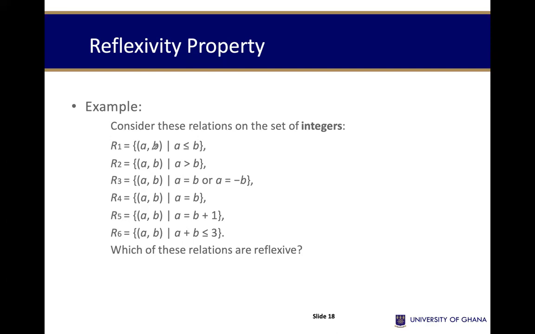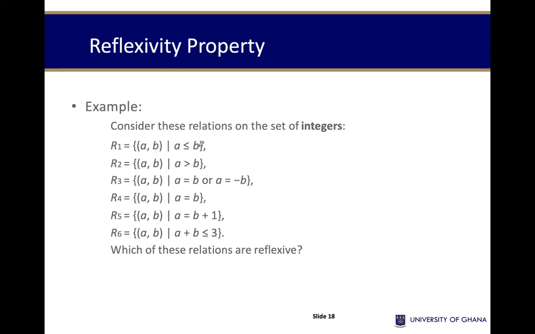So the first one, you can see that I have the set where A is related to B, given that A is equal to or less than B. And that's what it means. Once I have A equal to B or less than B, I'm good to go. Why?